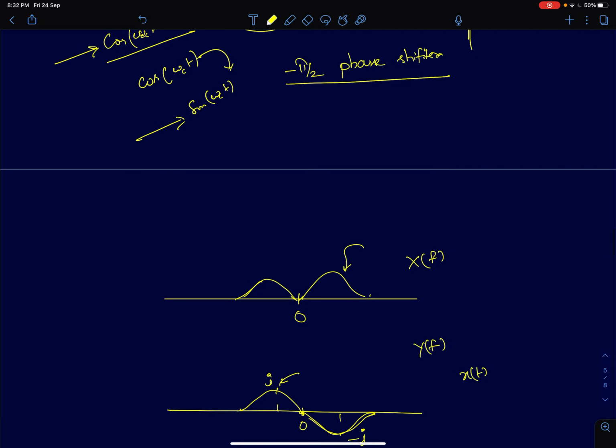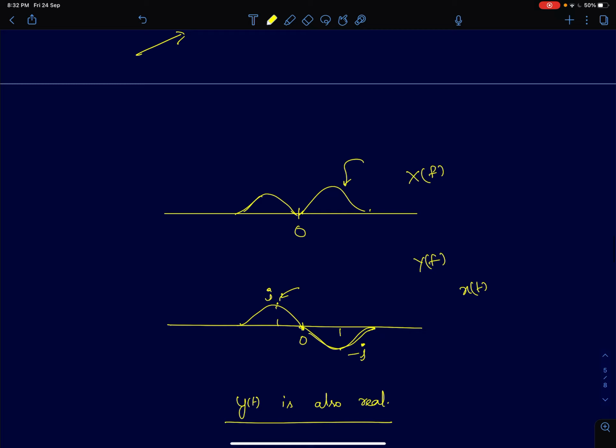We will now look at a few more properties of the Hilbert filter. For example, if I pass a signal x of t through a Hilbert filter, and let's assume x of t is a real signal, then the Fourier transform will exhibit conjugate symmetry. If you consider two frequencies f and minus f, the Fourier transform at these two points will form a complex conjugate pair.